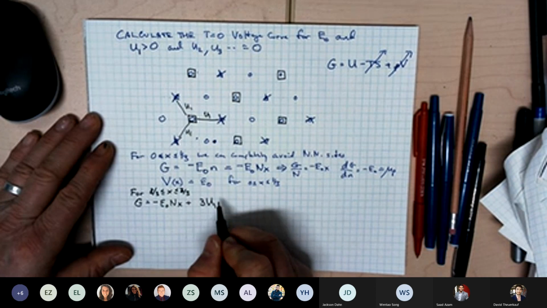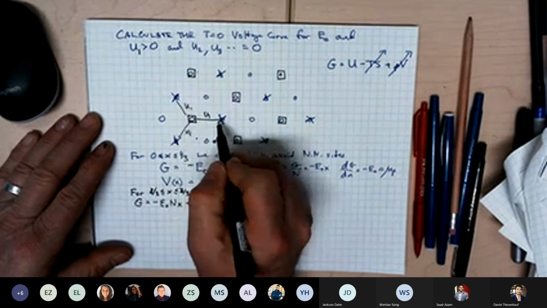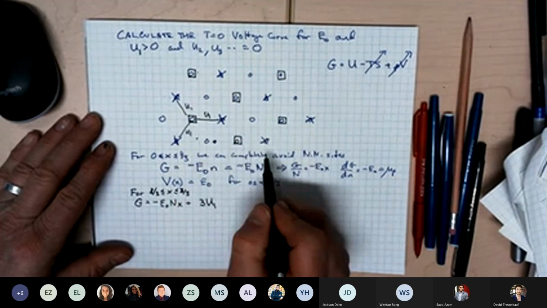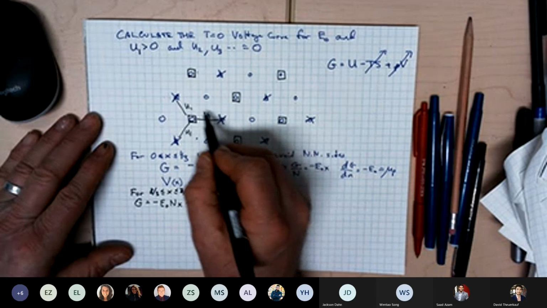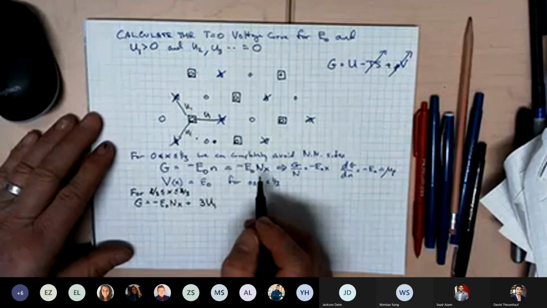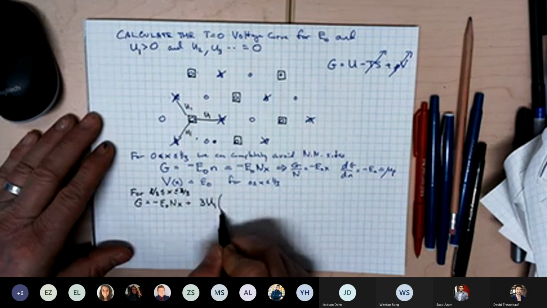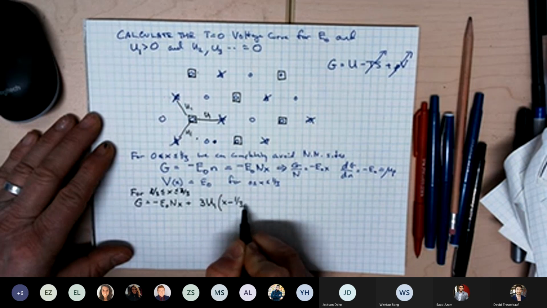And what do we put here for the lithium content? We've already filled up 1/3 of the sites. So if we put another lithium in, this term is x minus 1/3.